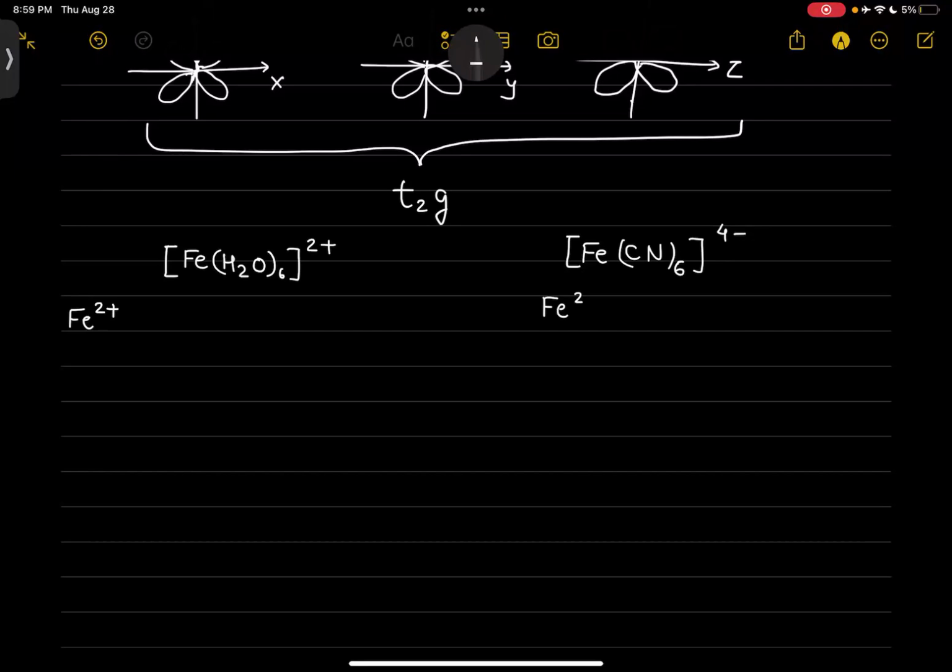How many d electrons are there? Tell me. You need to remember the electronic configuration, very, very important for you. Iron is the 26th element. So how many electrons was it having? 26th element.